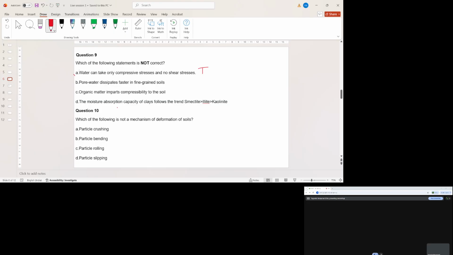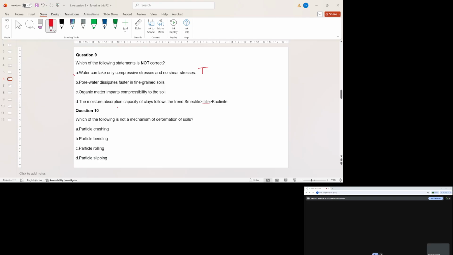Pore water dissipates faster in fine-grained soils. Fine-grained soils are made up of particles smaller by almost three orders of magnitude compared to coarse-grained soil. This means the path available for water to dissipate on application of load is lengthy, and it has to trace a lengthier path through the pores.